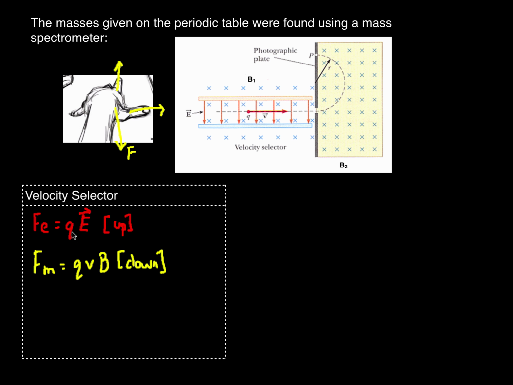When the electric and the magnetic forces are balanced, Fe equals Fm, and QE equals QVB. In this case, Q appears on either side of this equation, so Q can be cancelled out. This gives us the velocity in the velocity selector equals the electric field divided by the magnetic field.